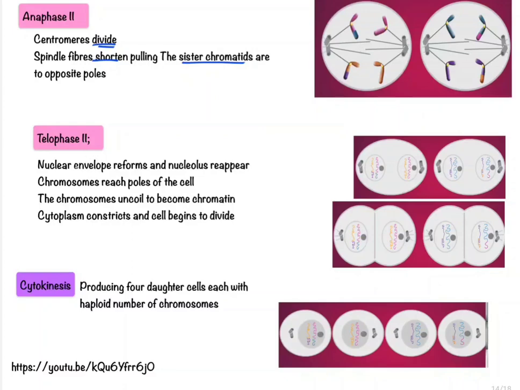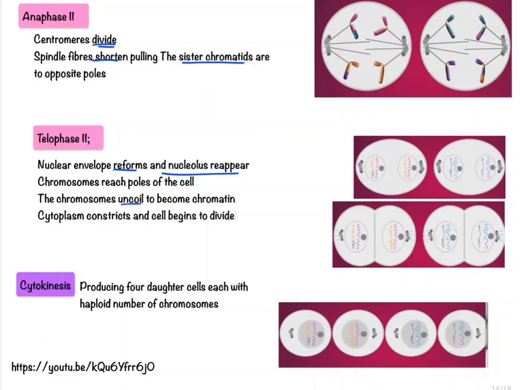They're pulling only the chromatids to the opposite poles. About telophase, the nuclear envelope reforms, the nucleolus reappears, and the chromosomes reach the poles of the cell. Like they were in the middle or somewhere, they're now going to move apart because the cleavage furrow is going to form, and then you're going to have the fiber that's separating them, so they're going to separate and become 2 different cells. Okay?